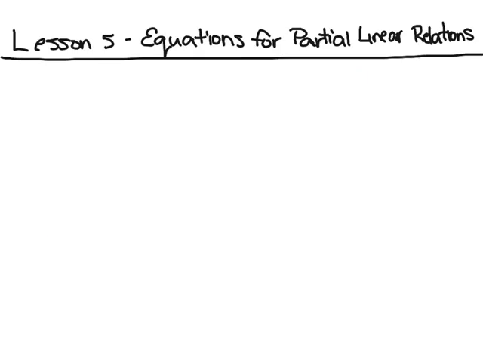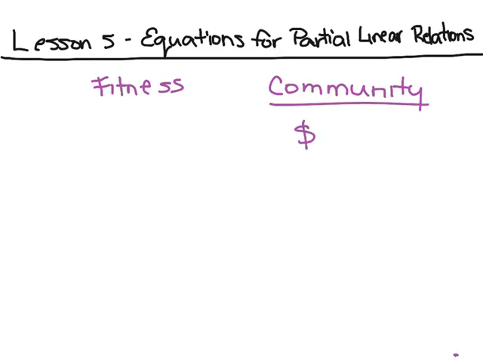Example 4. You're deciding whether or not you want to join a fitness club or a community center. And you know that the community center charges a fee of $8 per use. We know the fitness club charges a base fee of $700 and then charges $2 per use.